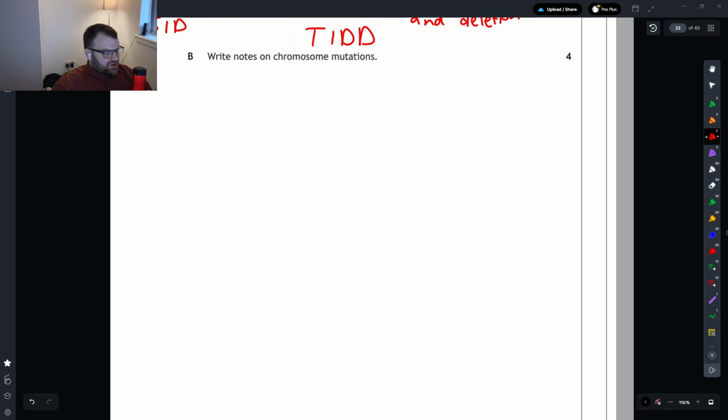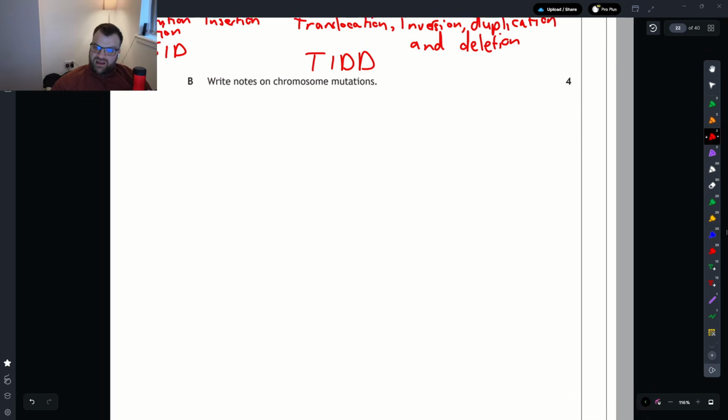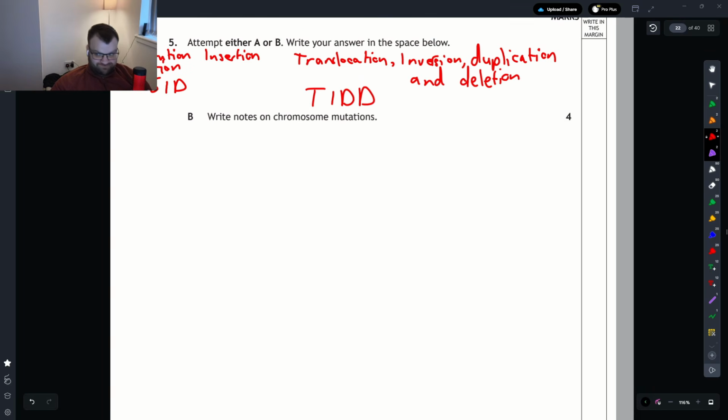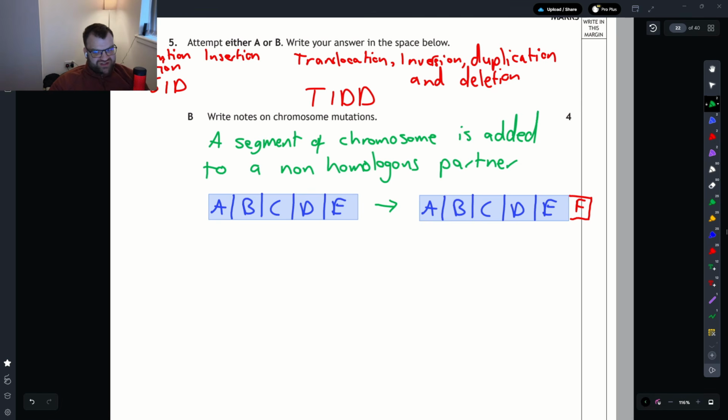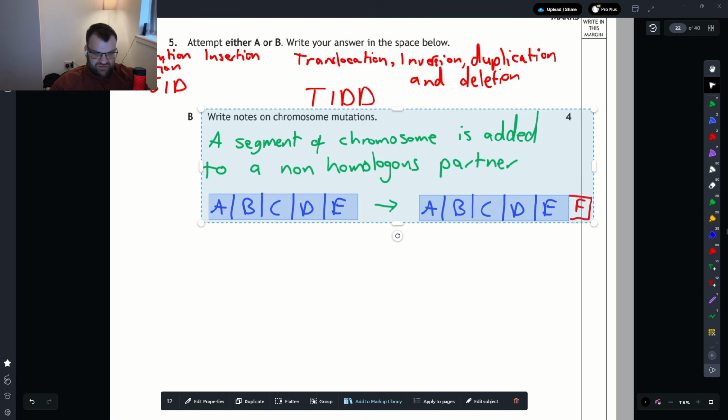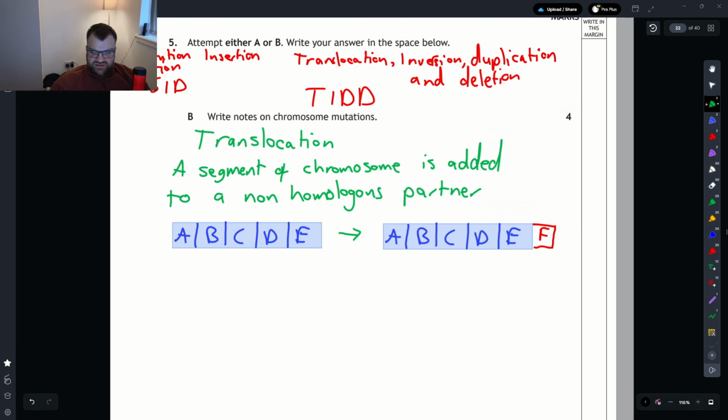Right, what are those all about? Let's go for T for translocation first. This is when you have information coming from a different chromosome. So you end up with a gene present that wasn't present in the original one, which is a little bit different. We'll talk to duplication in a second. I should maybe say what that one was. Right, next up.